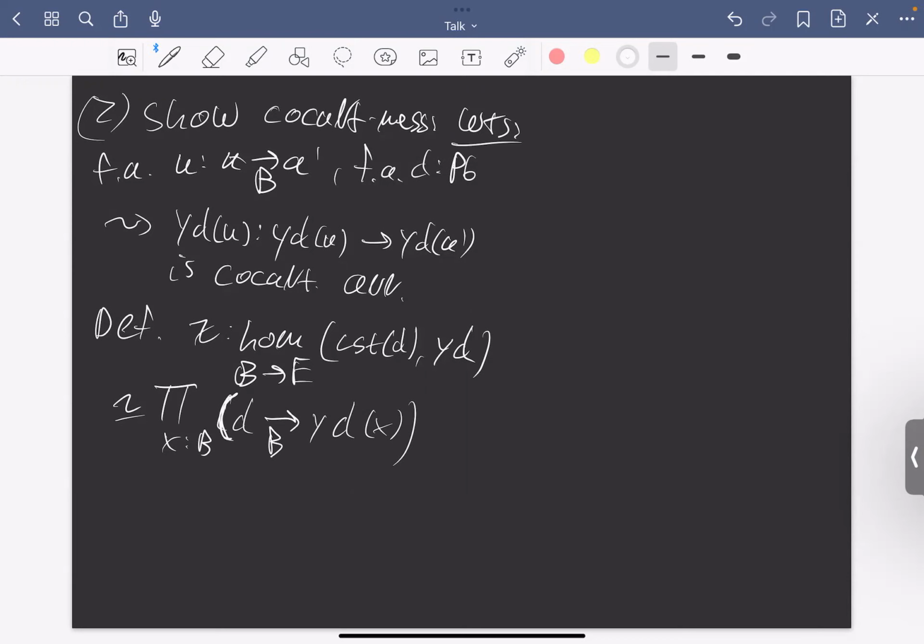And we define it as follows. So equivalently, it suffices to give for any x an arrow from D to Y dx, but we define it simply to be the co-Cartesian lift over empty set x with respect to D.